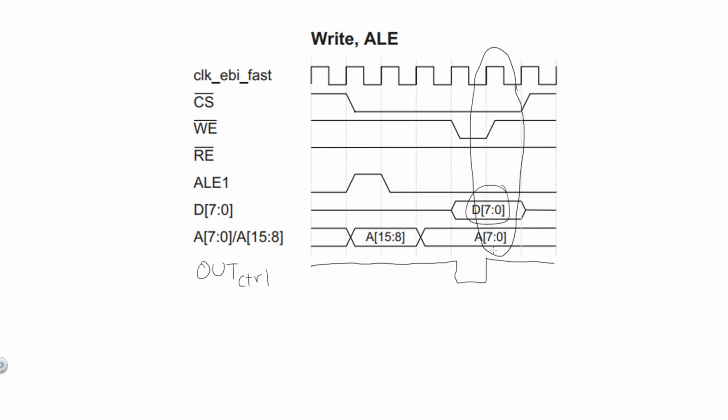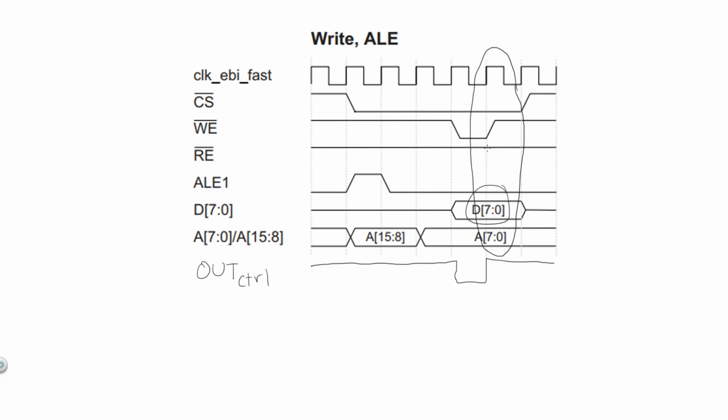Now, one thing you may be thinking is, well, why can't we just tie the write enable signal directly to the output port? While this will work in some cases, this would write to the output port on any write cycle, no matter the address, which would be incorrect. We only want to write to the output port when we write to an address that's within our chip select range.